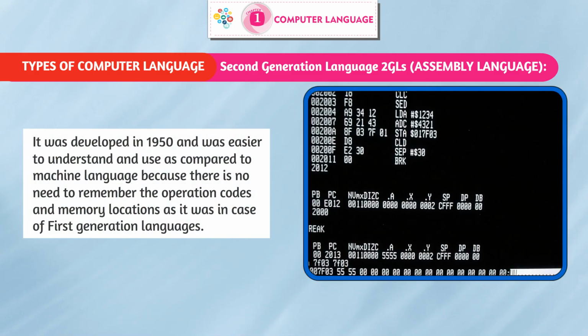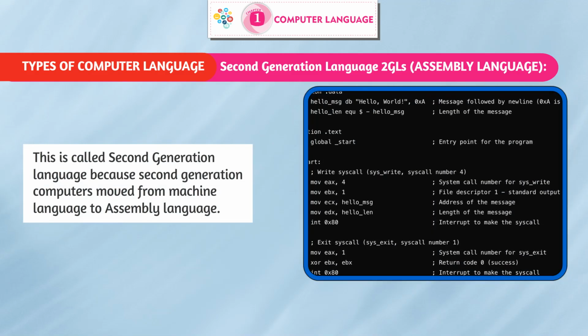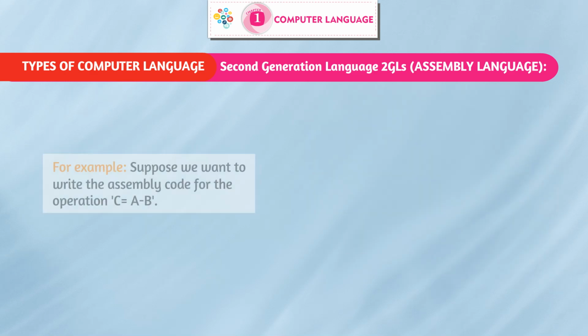It was developed in 1950 and was easier to understand and use compared to machine language, because there is no need to remember the operation codes and memory locations, as was the case in first-generation languages. This is called second-generation language because second-generation computers moved from machine language to assembly language.